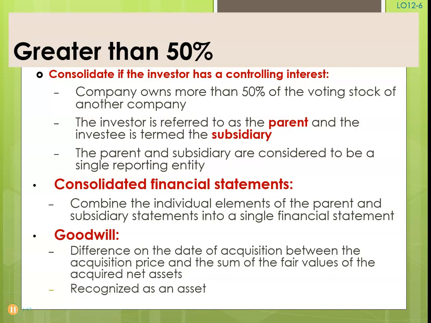And this is recognized as an asset on the books. Now, we don't cover consolidated financials in this. That's normally covered in advanced accounting. But I would like to say that today, if you work as an accountant, you will more than likely do consolidated financials and deal with the issue of intercompany transactions.